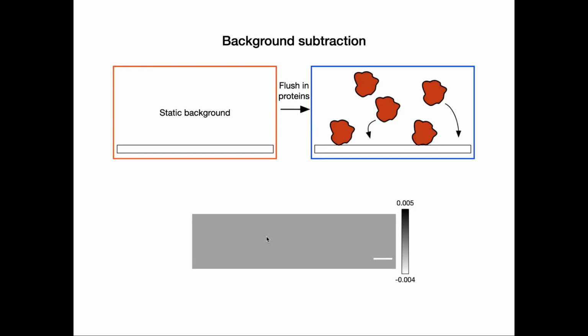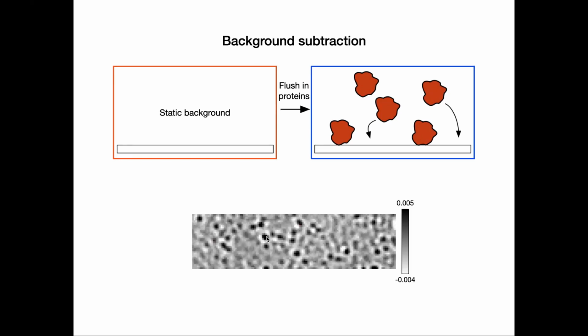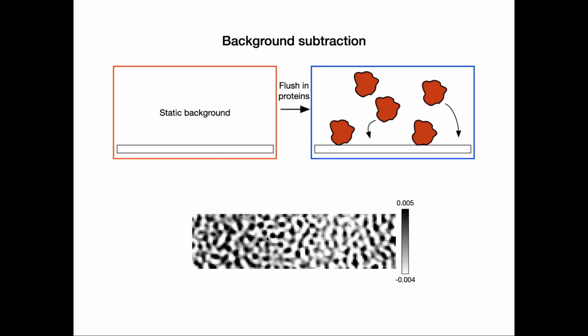So we remove the static background from the glass surface roughness and watch all the molecules land afterwards. Now, of course, if we only do this once, since we don't only throw one stone but basically many, the surface gets crowded very quickly, and the background also gets blurry because of stage drift.